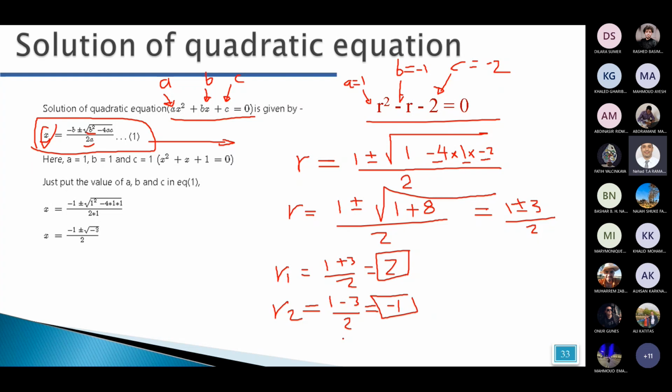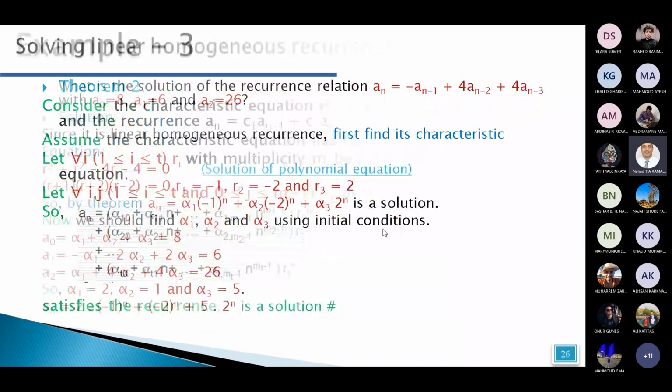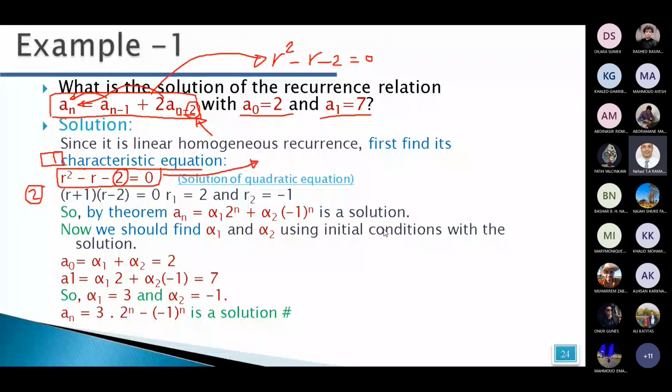So we have two solutions, r equals 2 and r equals minus 1. Returning to our question, we have two solutions for this characteristic equation: R1 equals 2, R2 equals minus 1.